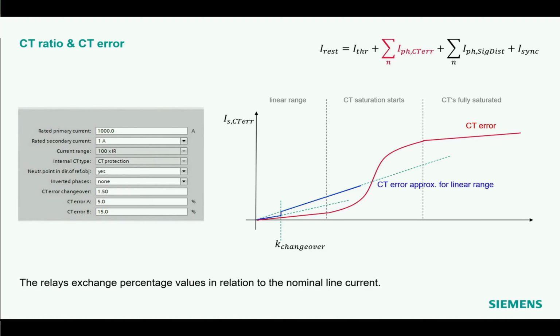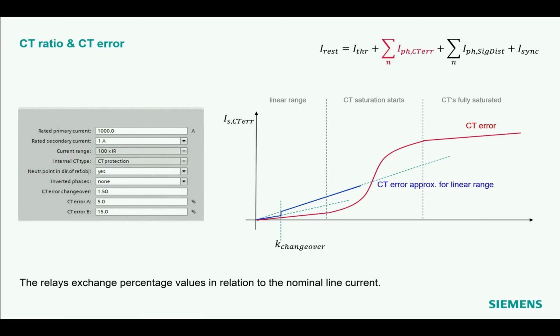So at the beginning, the CTs are transmitting the current correctly in a linear range. The bigger the current is, the bigger it is also on the secondary side. And then if the currents keep getting bigger and bigger, at some point the CT starts saturating and we are no longer capable of transmitting the current correctly from primary to secondary.